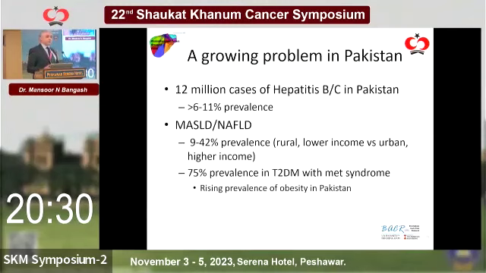When you come to more affluent areas in the cities where food scarcity isn't as much of a problem for these communities, we're talking about an almost 40 or 50% prevalence of fatty liver disease. And in a very high-risk group with type 2 diabetes and metabolic syndrome, you could see three quarters of your patients with fatty liver disease. And this is going to become a bigger problem for Pakistan, because if you look at the obesity data in Pakistan, it's on the increase.